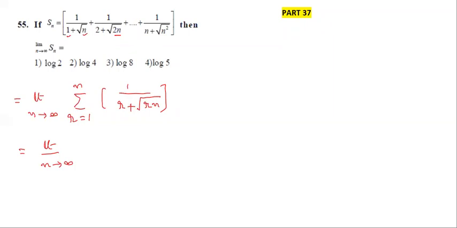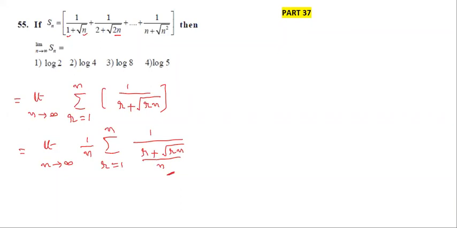In denominator, multiply with n. Here I am multiplying with n. Next, divide with n. R is equal to 1 to n, 1 by r plus under root rn divided by n. See here, denominator, here multiplied n, here divide with n.